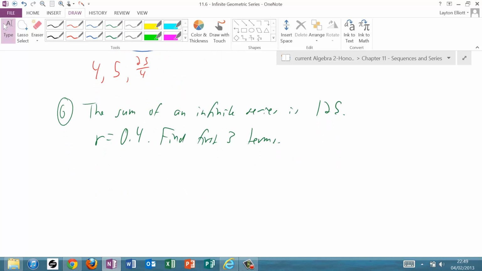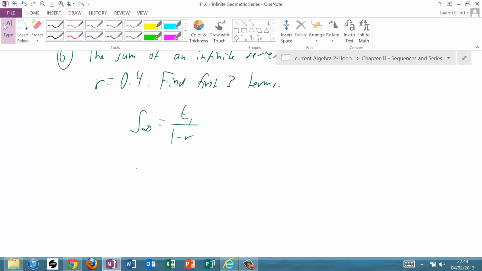Okay, well, if the sum is 125, I'm just going to start plugging this into the equation. S infinity is equal to t of 1 over 1 minus r, and solve for t of 1. So S infinity is 125, t of 1 is unknown, and 1 minus 2/5 is 3/5. If I multiply both sides by 3/5, I get 3 times 25, or 75, and I know that t of 1 is equal to 75.